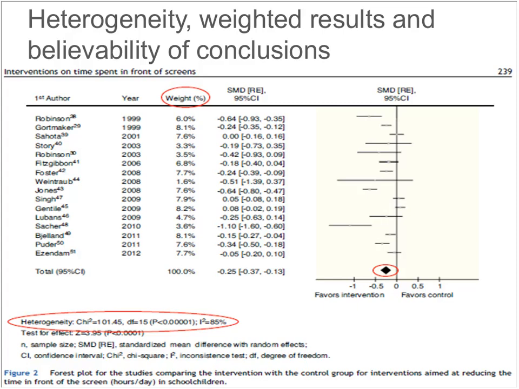Because it is such a large study, it would likely have a fairly narrow confidence interval, and it will comprise a large percentage of the overall weight of that diamond.